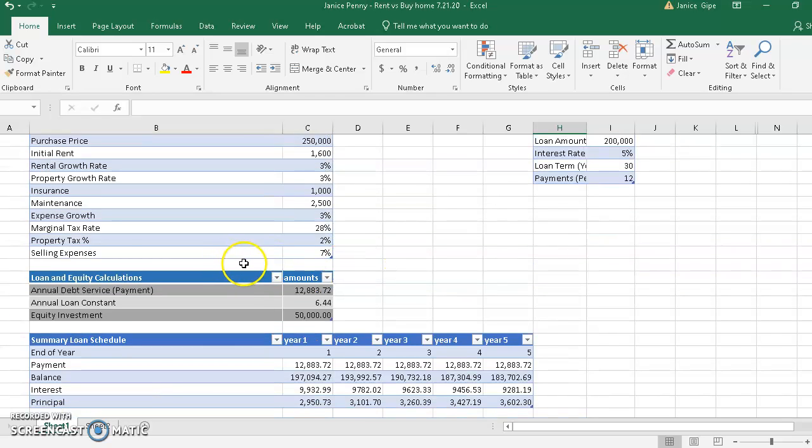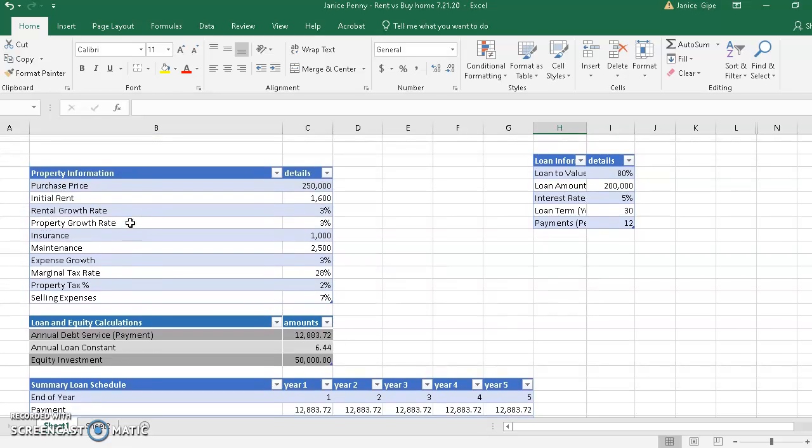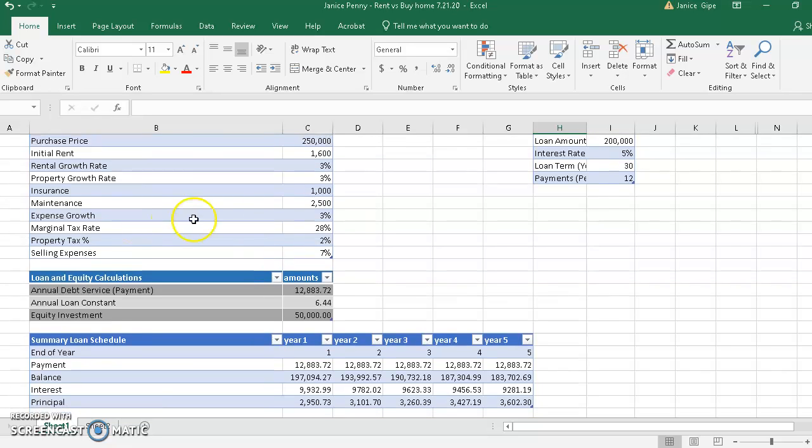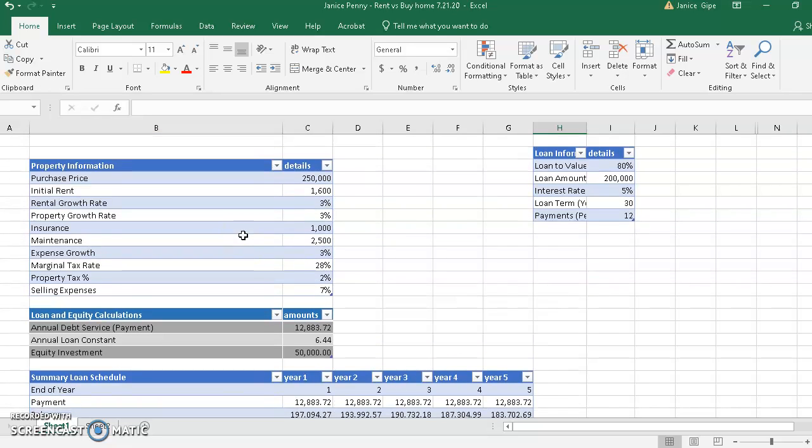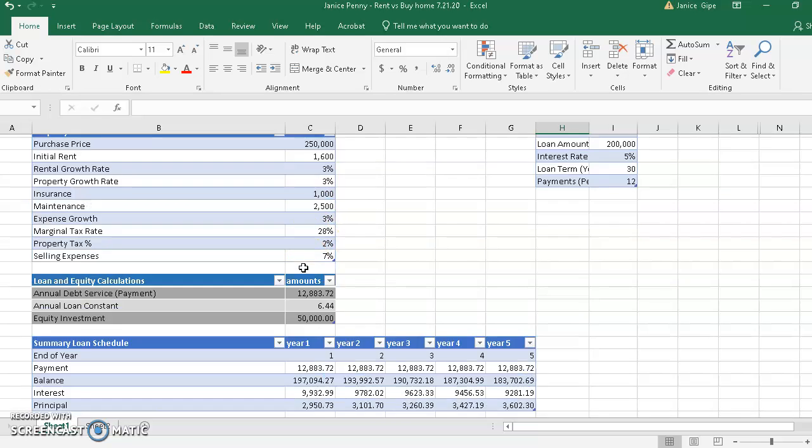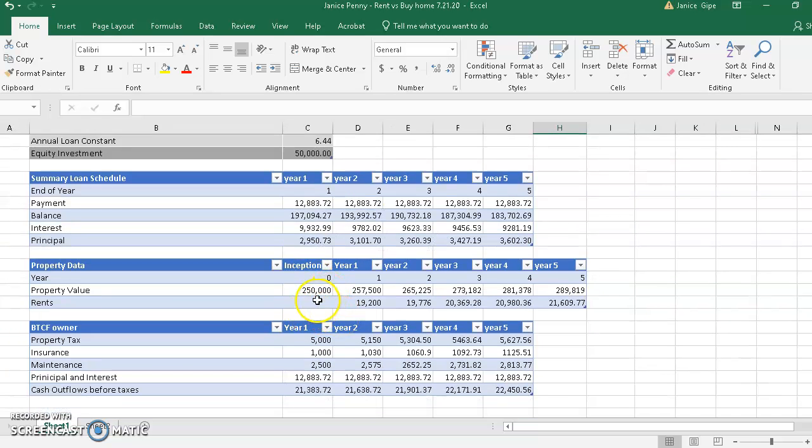The property growth rate is 3%, so that's just taking the $250,000 times 3%, which is $257.50, and then taking that times 3% for the following year, which gives you an increase of 3% per year. And then rent goes up as well each year.